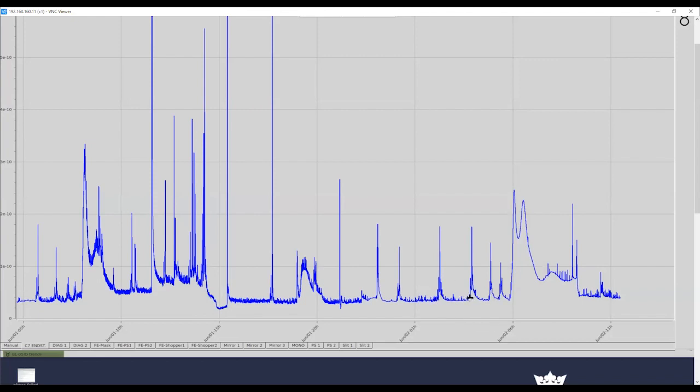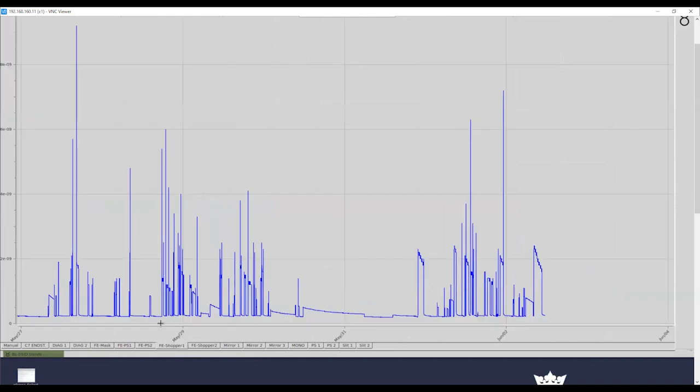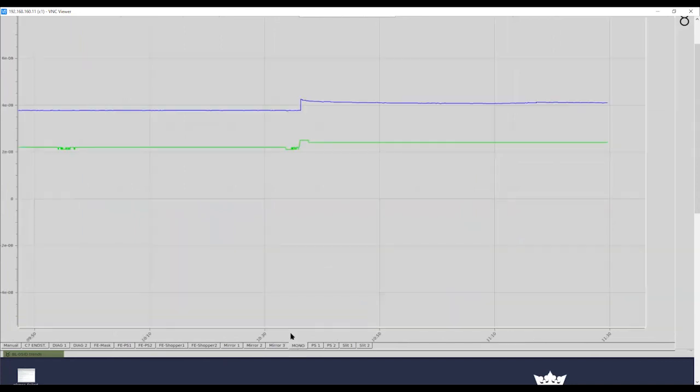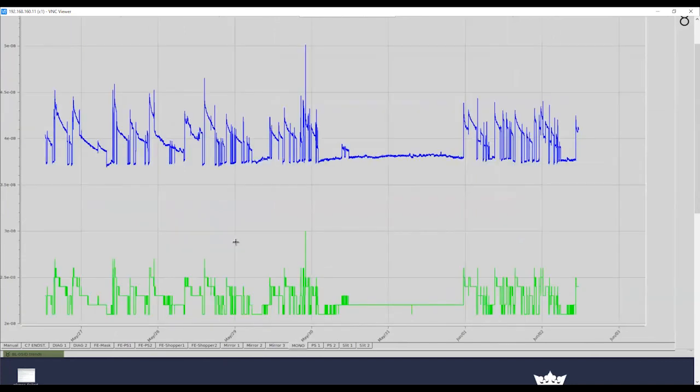And here we also see when the sample can be removed from the analytical chamber, or put into the analytical chamber. And next we see the other vacuum parameters, which are also monitored all the time. For example, in the monochromator.